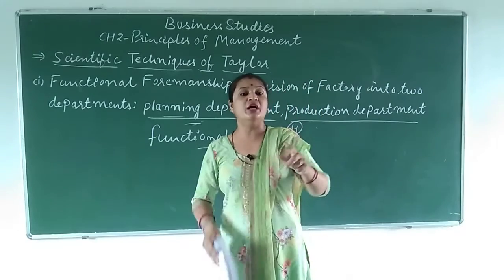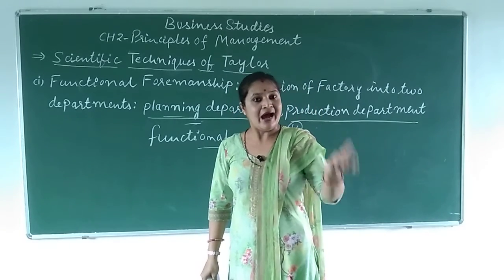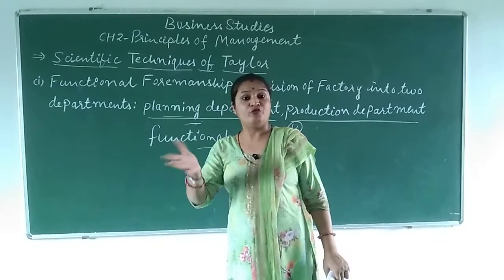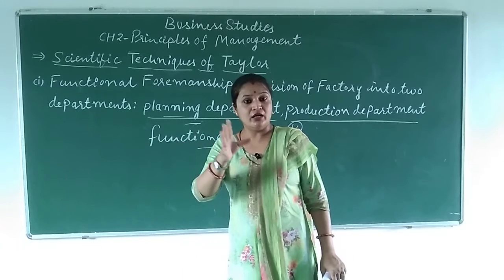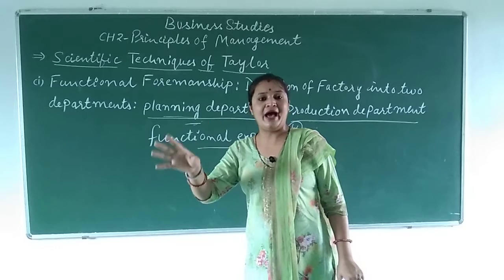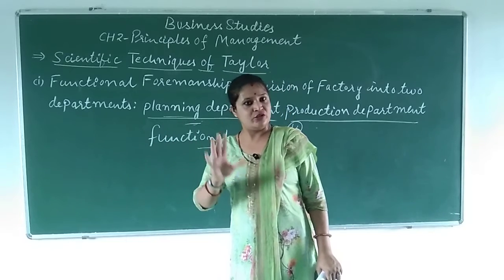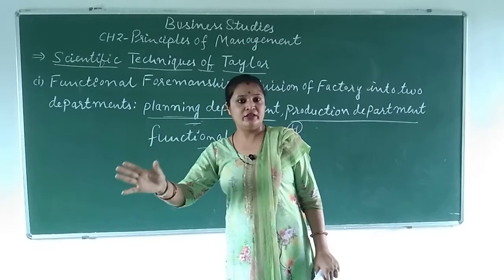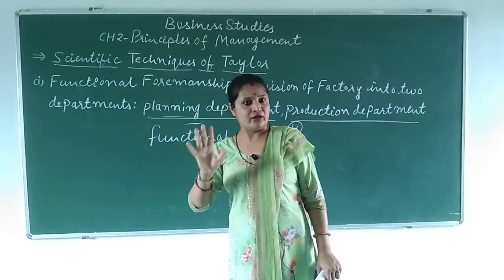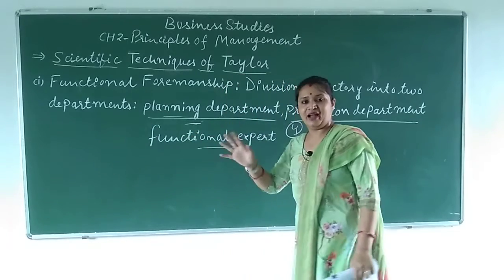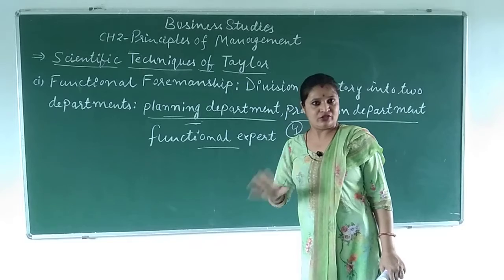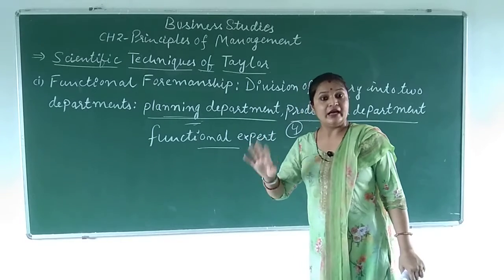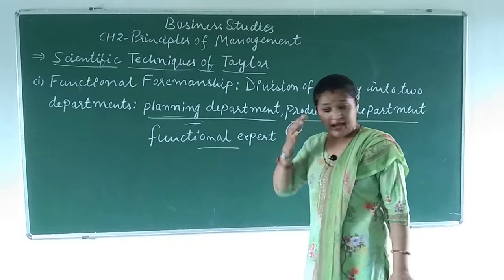We cannot put unnecessary burden on the workers, such as the burden of planning. Workers are appointed for their own work, so for planning we need functional experts for every department.